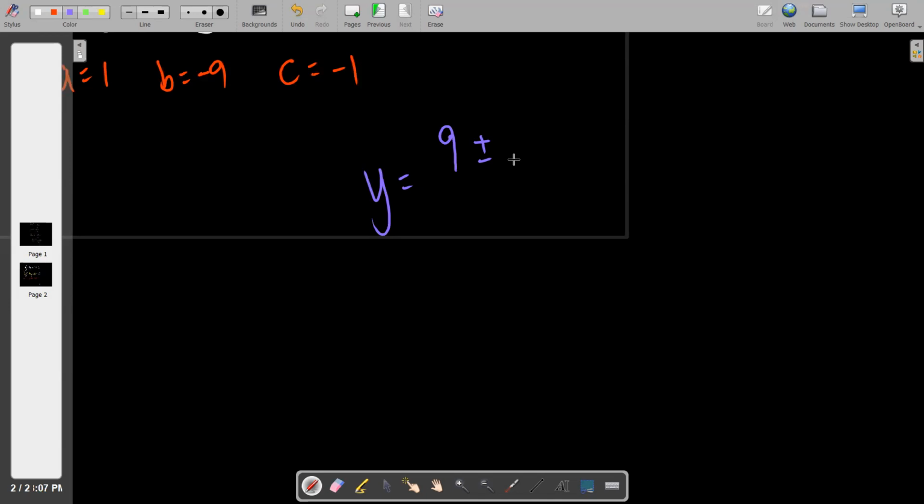Is there a name for that sign? It's called plus or minus. Yep. 81. Nice job. Minus 4, and then 2 and B shows, all divided by.